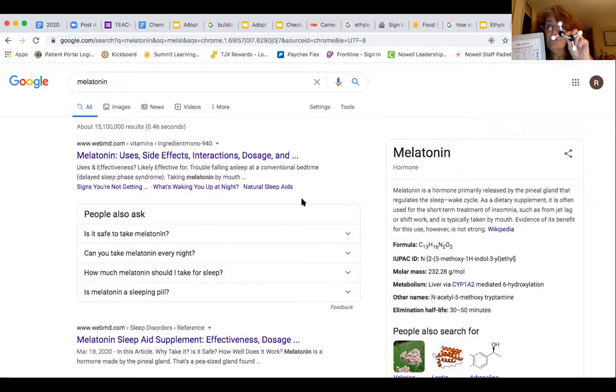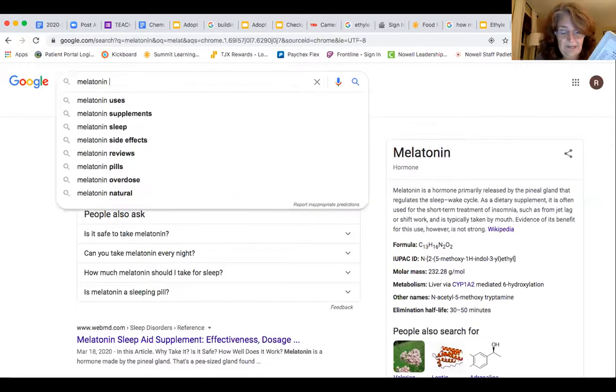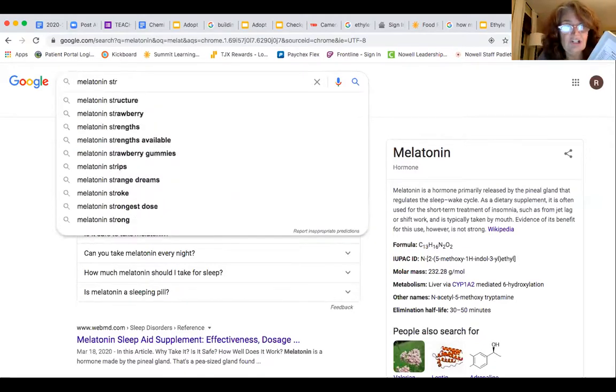We're going to have 13 of these carbons and 16 of these hydrogens and only 2 nitrogens and 2 oxygens. The nitrogens are the blue, the oxygens are the red. And now what will it look like? But how do we put all those together? Well, we would type in melatonin structure.